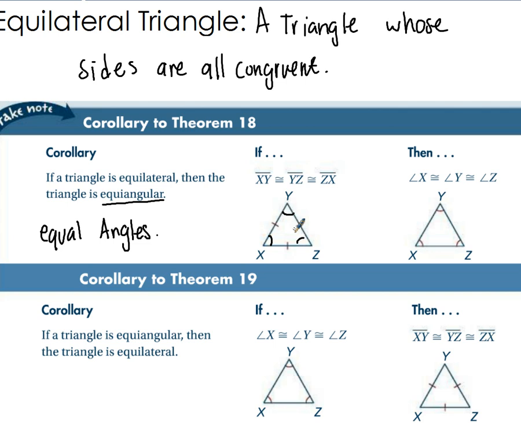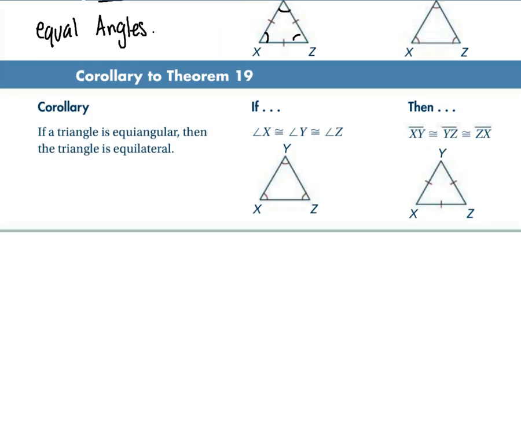Okay. We need to look at equilateral triangles just a little bit more. So I have my equilateral triangle, so each side is equal or congruent. And then we also know that all my angles are congruent. I want to know what is x. Since all three of these angles are the same, that means all three are x.